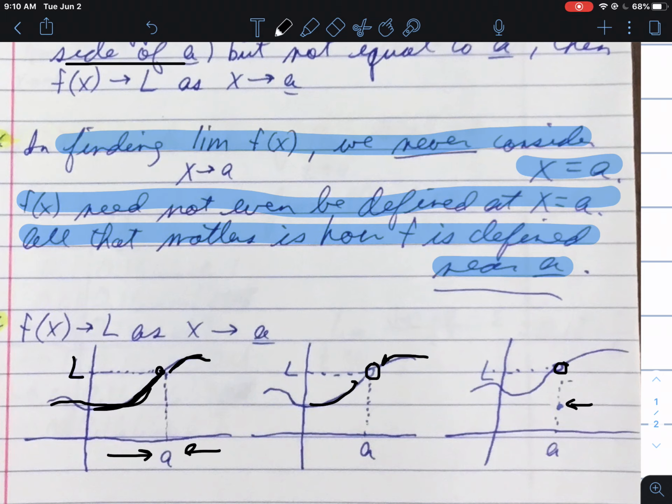Because as this function is approaching, as x approaches a, I should say, from the left and from the right, those y values, the graph of that function is still approaching this same L value right there. The fact that there's a point on the graph down here doesn't mean a thing.